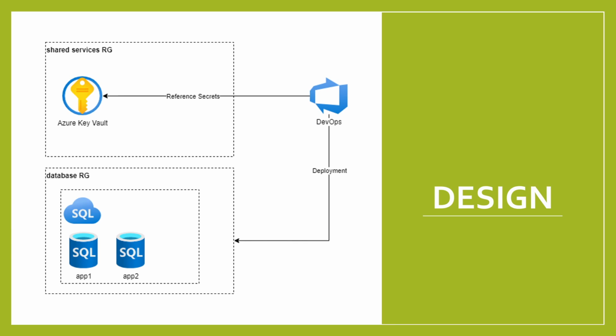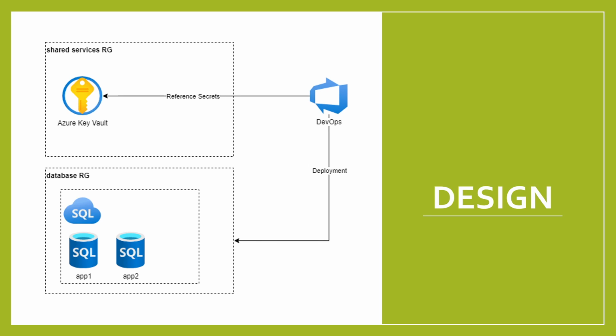So let's take a look at an architectural design before we write any code. It's always good to have that design in front to make sure that we understand what needs to be implemented. We have an Azure Key Vault instance that is already there, and so this does not need to be part of the Bicep implementation.